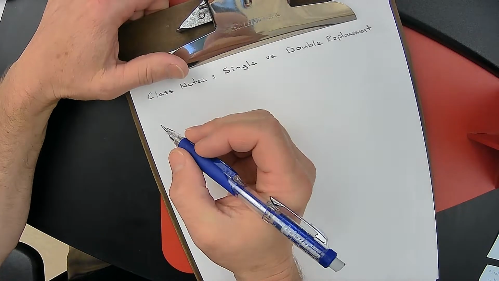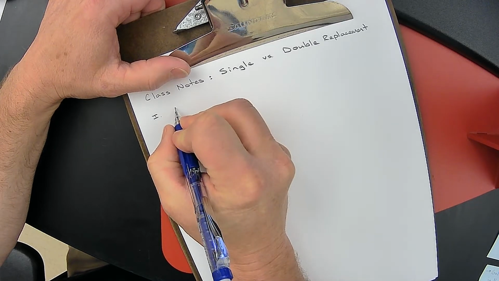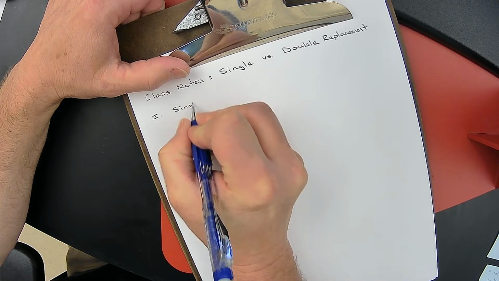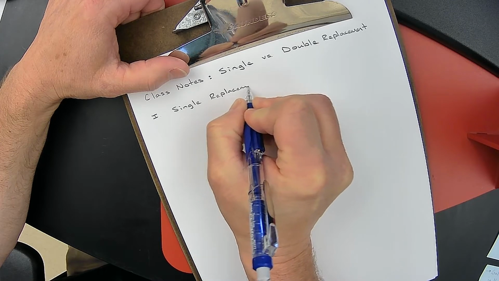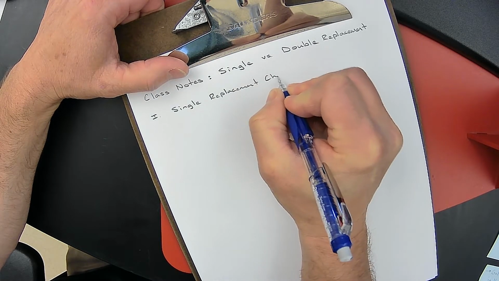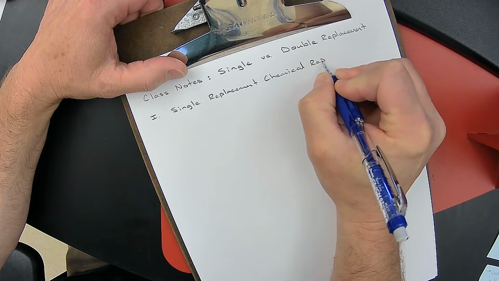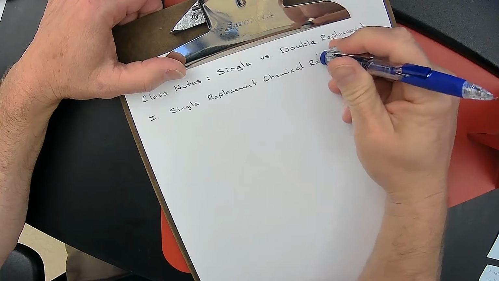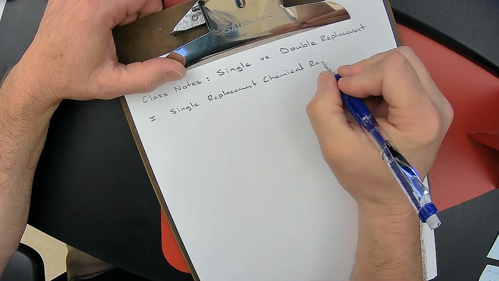The first group that we're going to focus on is single replacement chemical reactions. In single replacement chemical reactions, we have a certain pattern that's always going to take place.